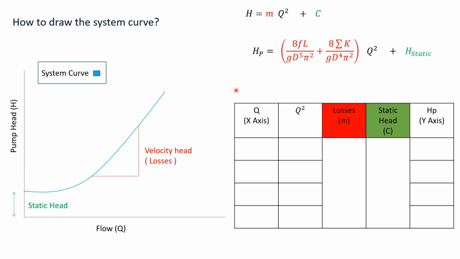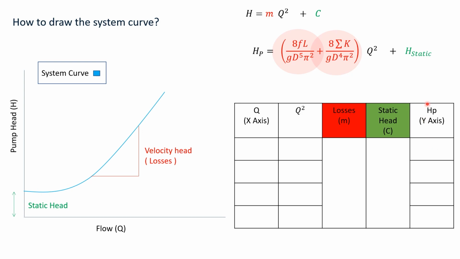Now how to draw the system curve? We can start by assuming the Q values in the x-axis, and then we need to calculate Q squared. After that, we can calculate the constant values, which are the slope of the equation, which is in red color, the major losses and the minor losses, and then the static head, which is the discharge head minus the suction head.